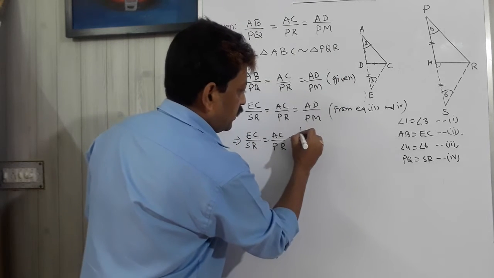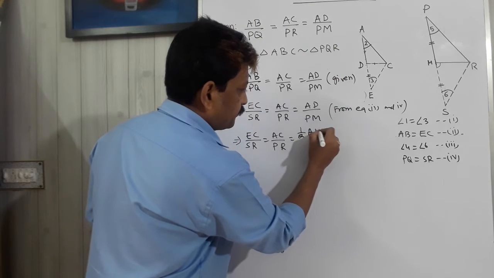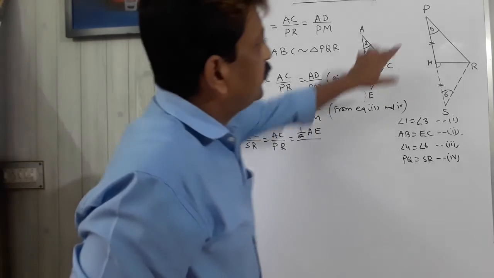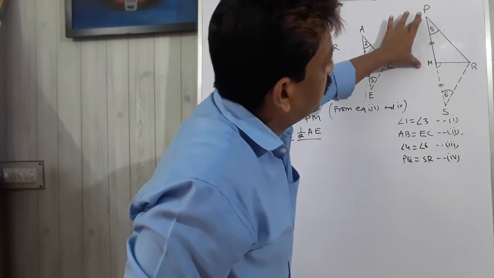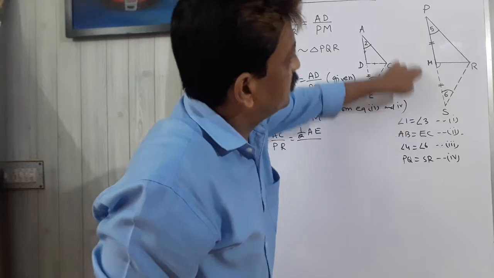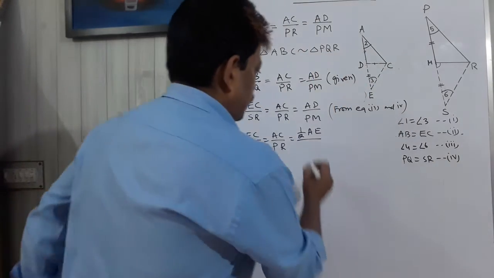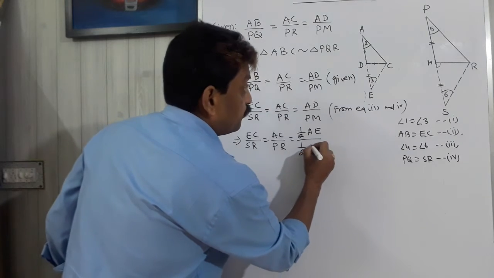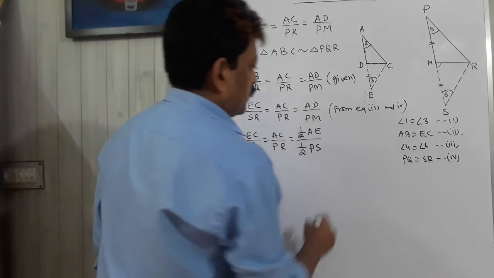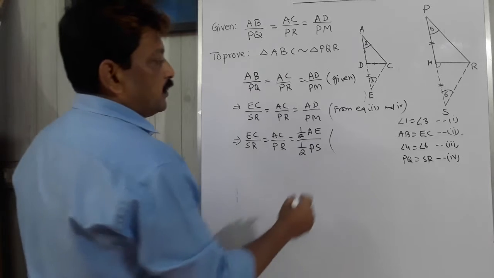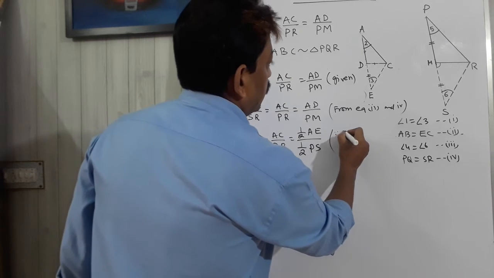Similarly, PM can also be written as half of PS, because PM and SM are equal by construction.